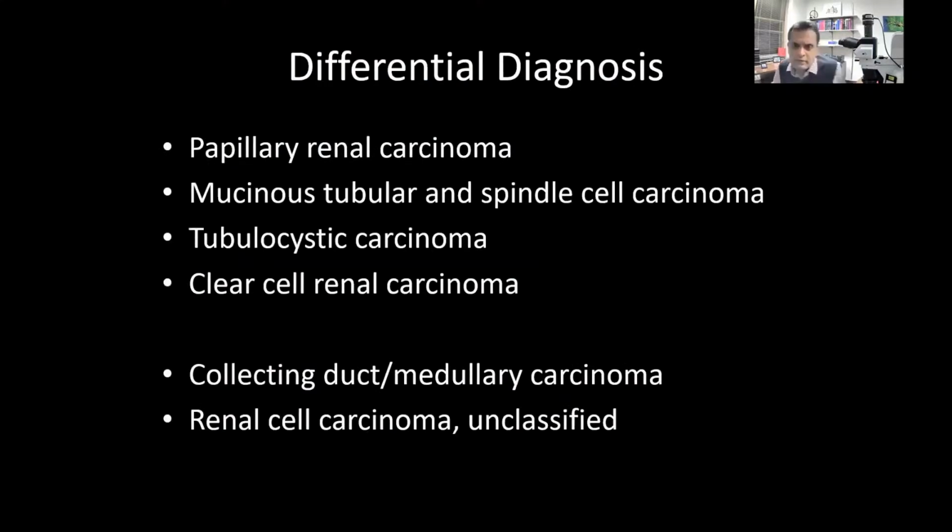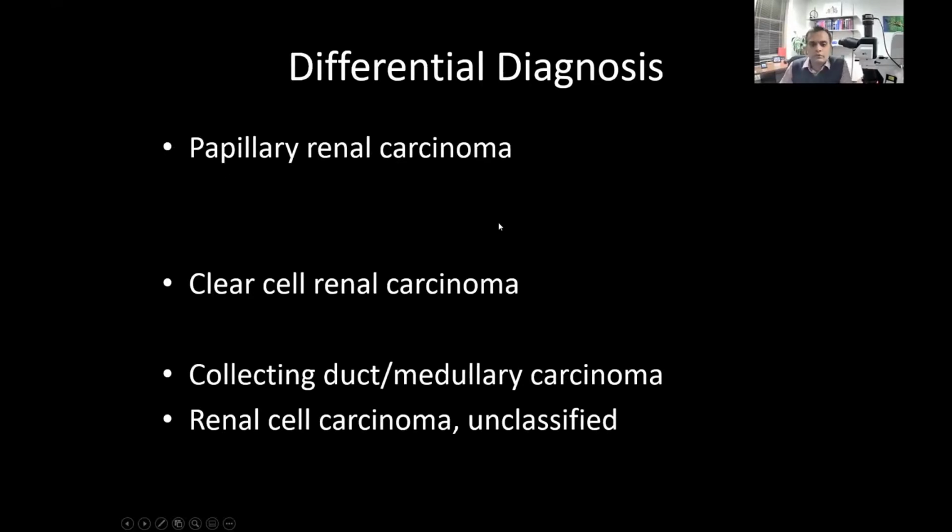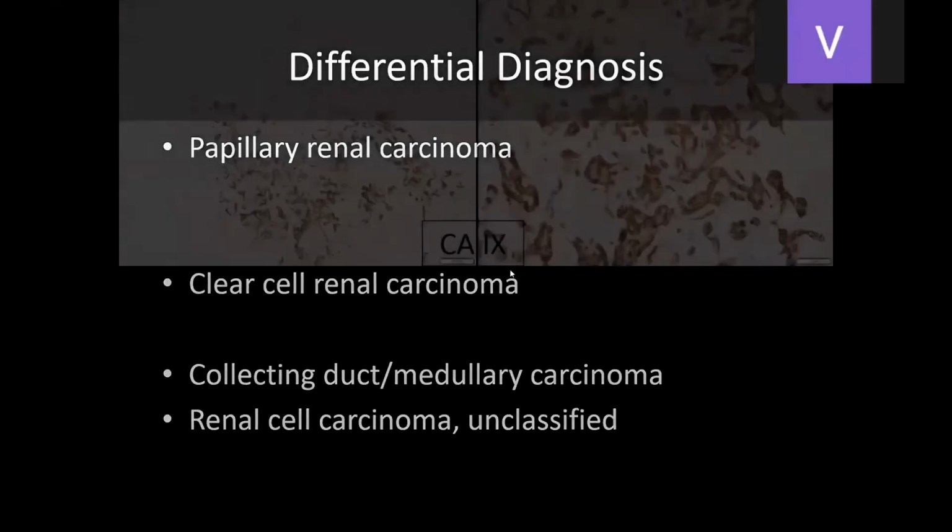And also, we can essentially rule out mucinous tubular spindle cell carcinoma and tubulocystic carcinoma. These were just put in there for completion purposes because we know that the areas that look like these two entities were only focal, and most of the other areas of the cancer looked very, very different than what you would see in these two entities. These two entities usually are homogeneous throughout the tumor. So these can also go out.